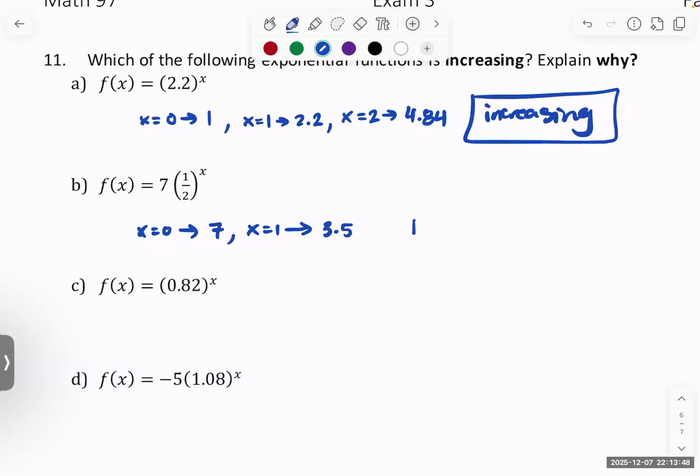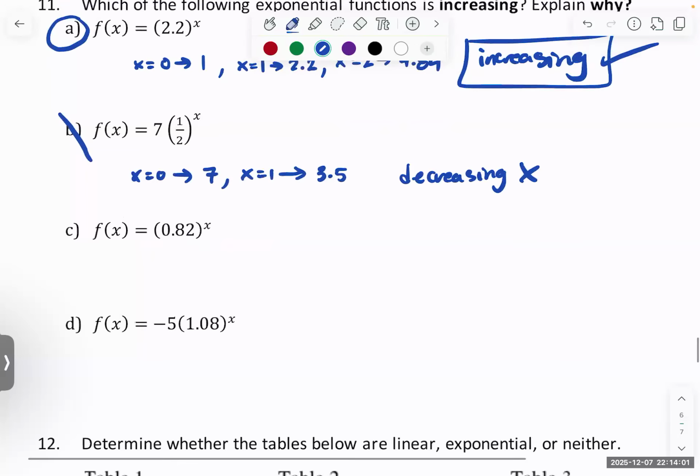This is decreasing. Okay, same thing with this one. If x equals 0, my y value is 1. Now, if x equals 1, my y value is 0.82. This is clearly decreasing.